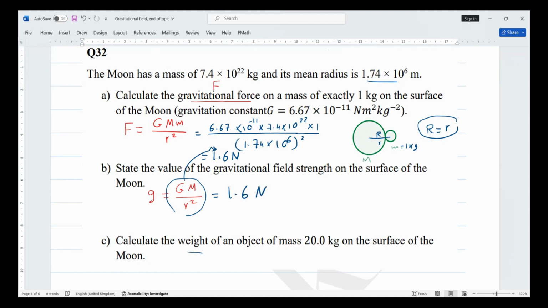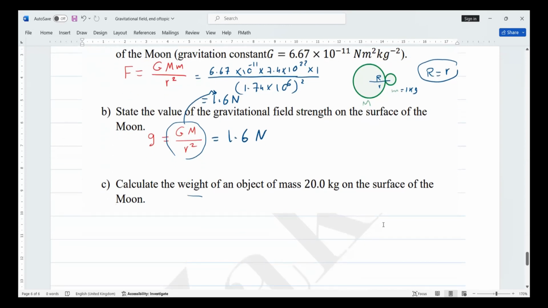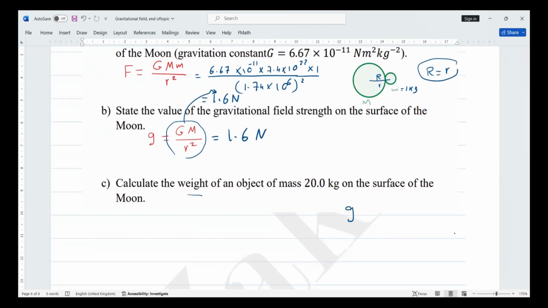Now, calculate the weight of an object of mass 20 kilogram on the surface. We have g on the surface of the moon equals 1.6 Newton per kilogram, and the mass m equals 20 kilogram. What do we need? We need the weight. What is the formula of the weight?